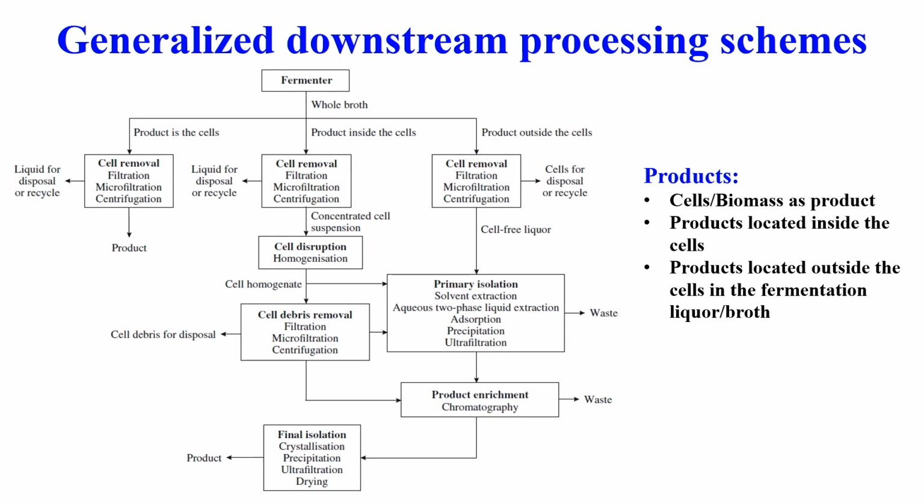So, this is a generalized downstream processing scheme. The same is elaborated in a better way. So, it says your product can be your cells or biomass, your product may be located inside the cell if it is an intracellular product, or your product can be an extracellular product.